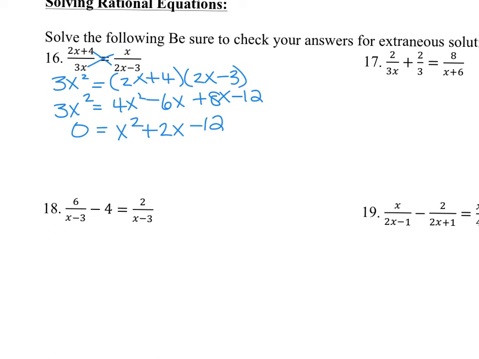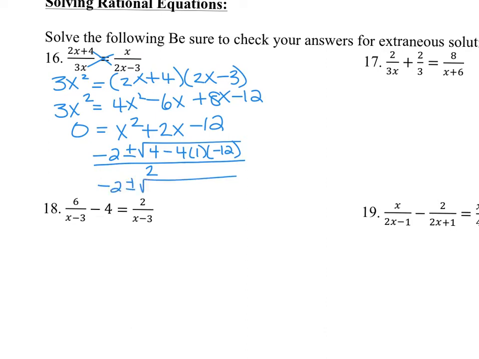Factors of 12, 6 and 2, 3 and 4, 12 and 1. None of those make 2, so quadratic formula. Negative 2 plus or minus 2 squared, which is 4, minus 4 times a times c, all over 2, because 2 times a is 2. So now I have negative 2 plus or minus 4 plus 48 all over 2.